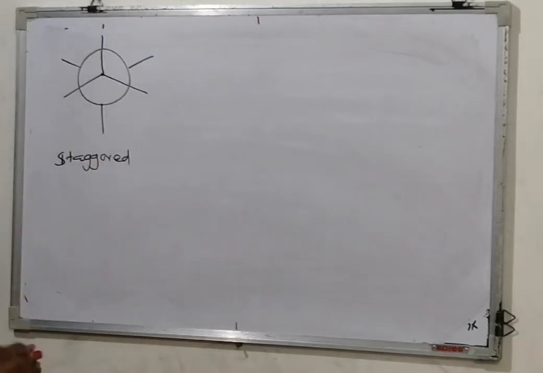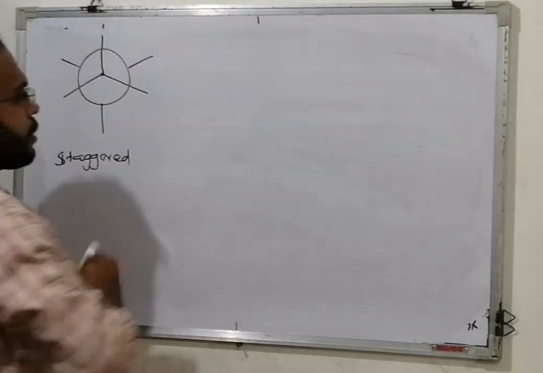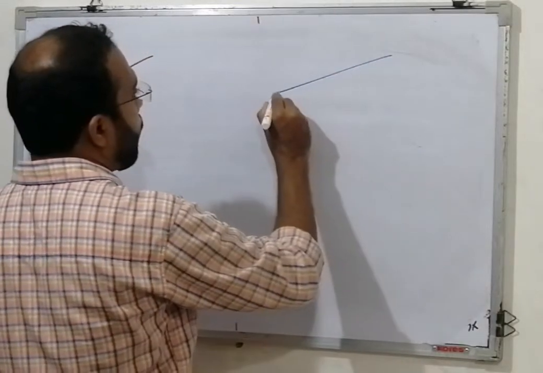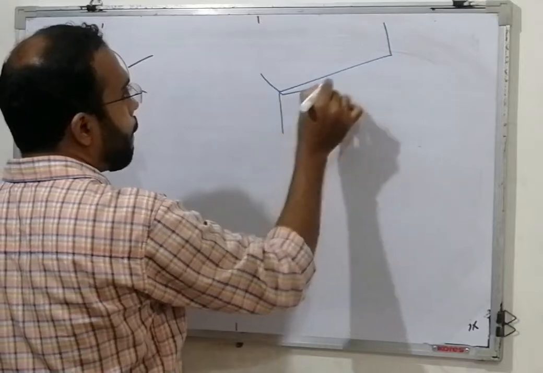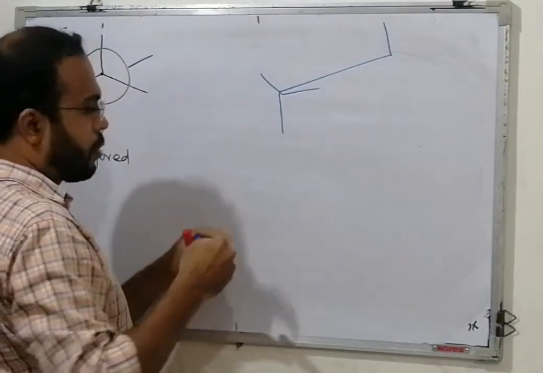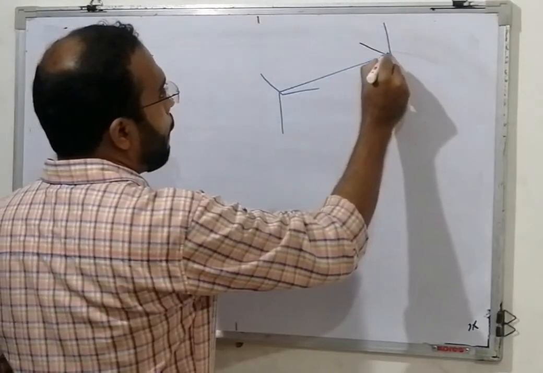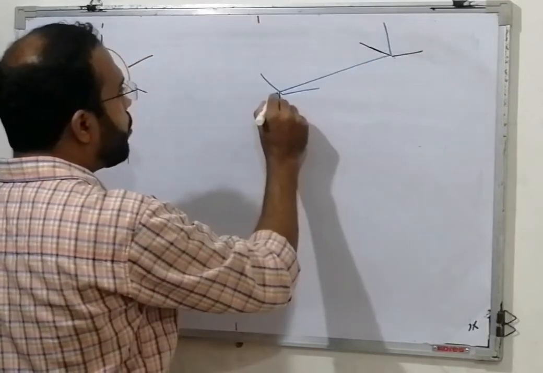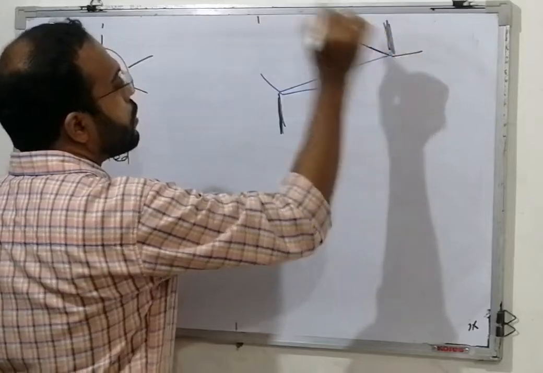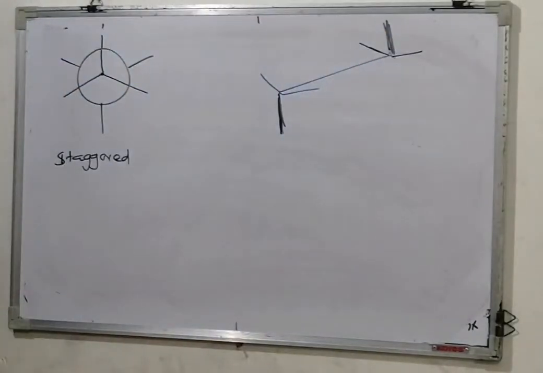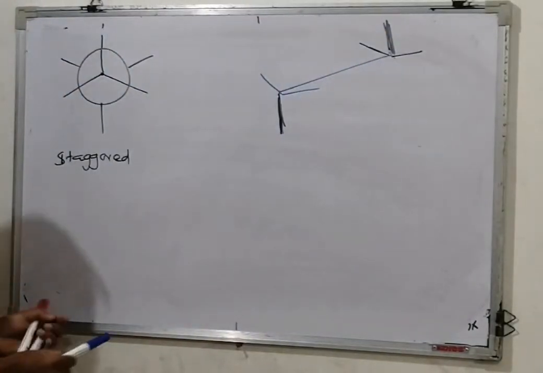What shall be the Sawhorse staggered? It is identified only by this line. This is Sawhorse staggered.